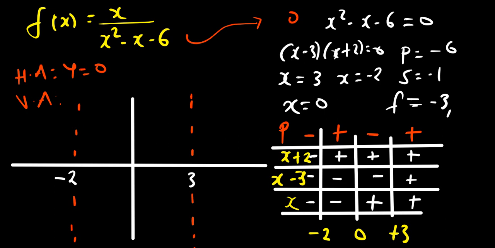Then what about our horizontal asymptote? We said it is y equals 0. So y equals 0 is the x-axis. Okay, this is y and that is x. So what other thing do we need? I think we've shown everything.